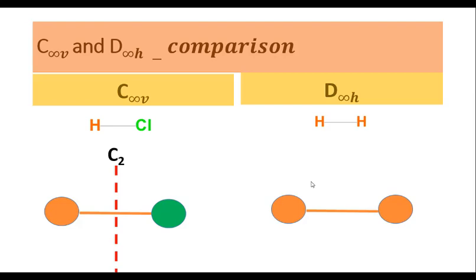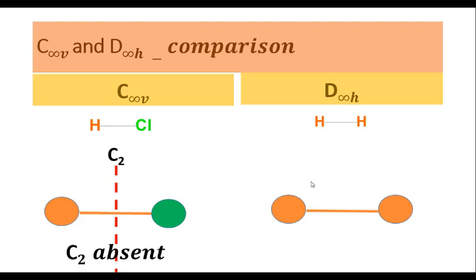This is the first question. I said that there will be an axis, but actually you don't find one, because C2 corresponds to 180 degree rotation, and if you rotate the molecule by 180 degrees about this axis, hydrogen and chlorine will get shifted and you do not get an equivalent appearance. You will find H and Cl interchange.